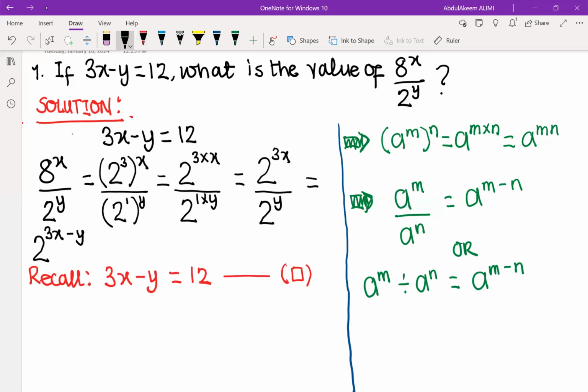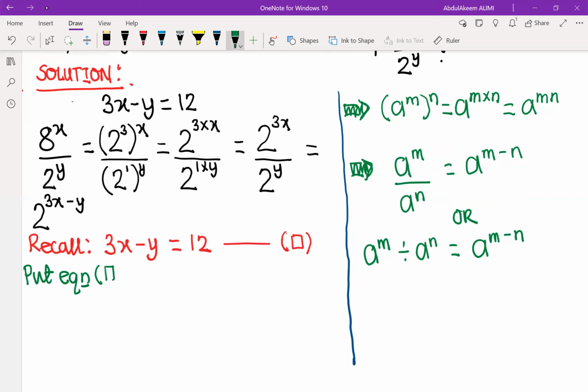Just substitute equation triangle into 2 raised to power 3x minus y. When I put it there, what do I have now?